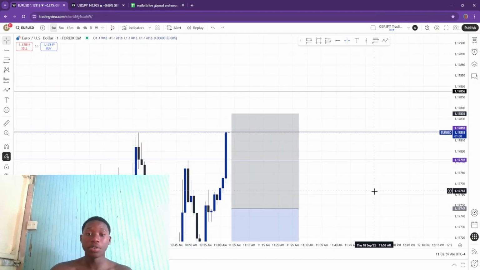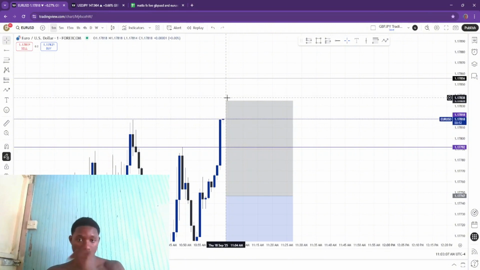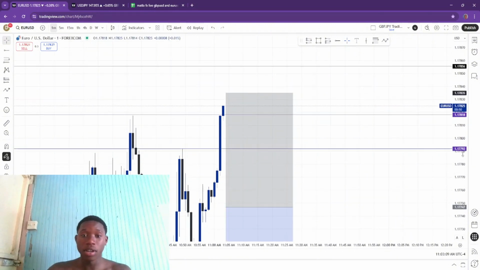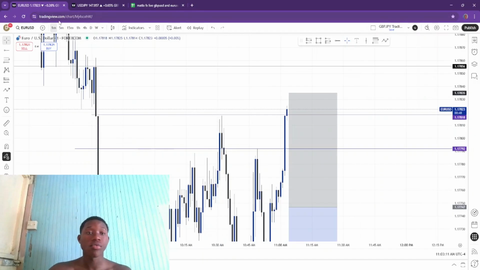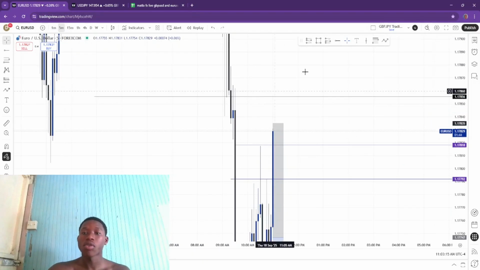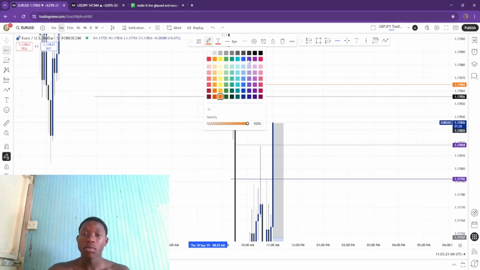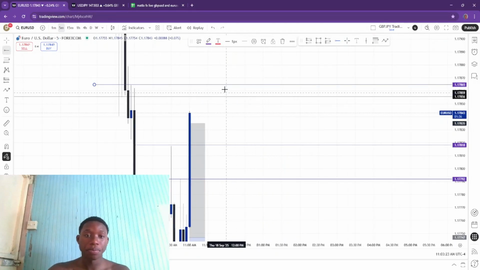So that means our risk to reward ratio is kind of bad. Let's see if it will sweep. Let's see if it will create a low and then sweep that high. No, it doesn't. A low is categorized as a down candle, then an up candle.